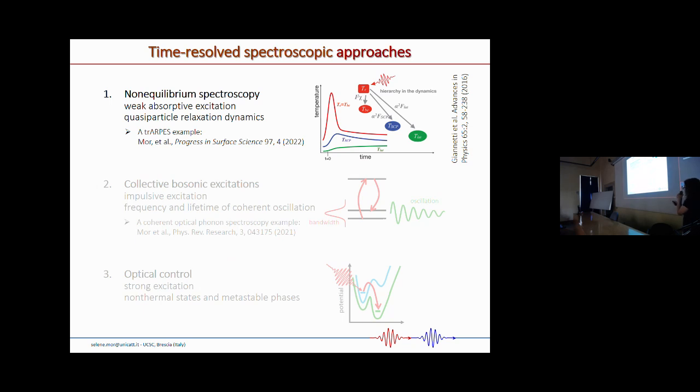In a non-equilibrium spectroscopy approach, the excitation can involve some actual absorption, but it's still rather weak, so that you don't change the potential landscape in which the system is evolving. This is an example taken from superconductors and correlated materials, where upon photoexcitation you can think of the electron sublattice being heated up rather abruptly, reaching a very high electronic temperature, while the lattice stays frozen at the equilibrium one.